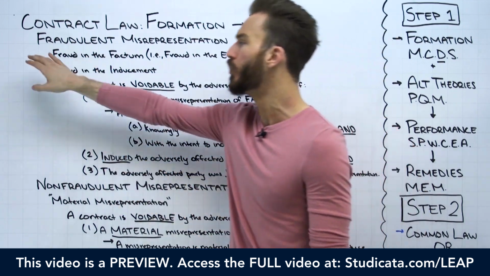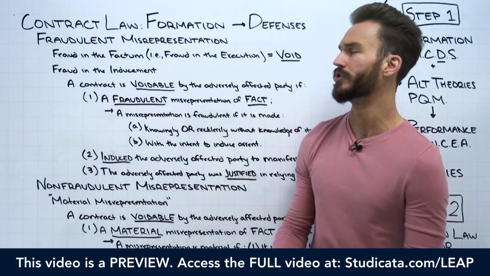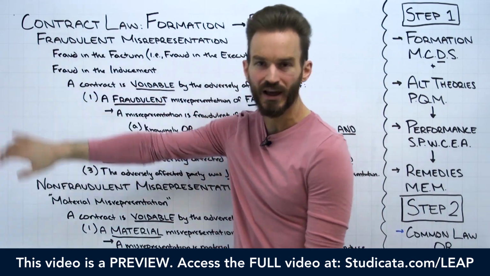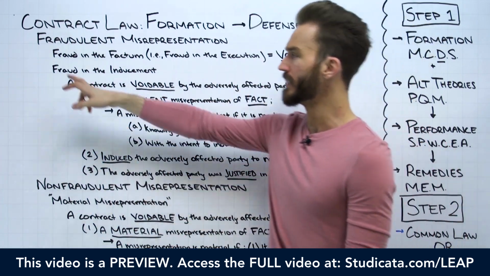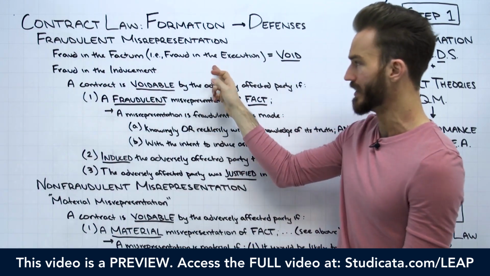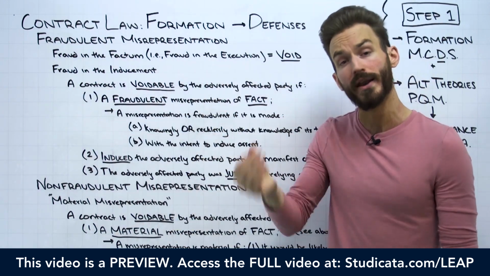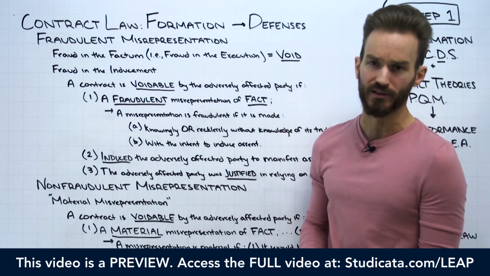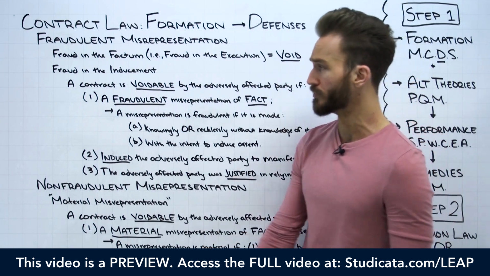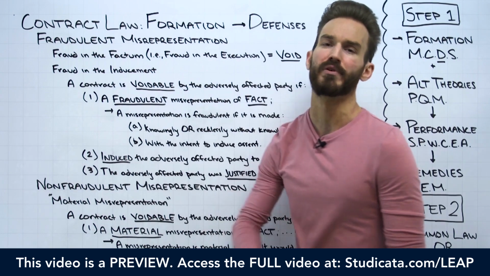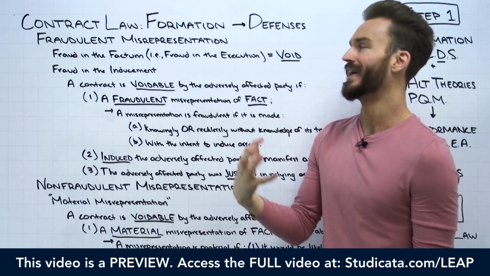When you don't know what terms you're agreeing to, or the terms are somehow being hidden by one of the parties, that's fraud in the factum or fraud in the execution, and that is a 100% void contract. It's a nullity, it's not enforceable. The court's going to treat that type of contract as though it never existed.